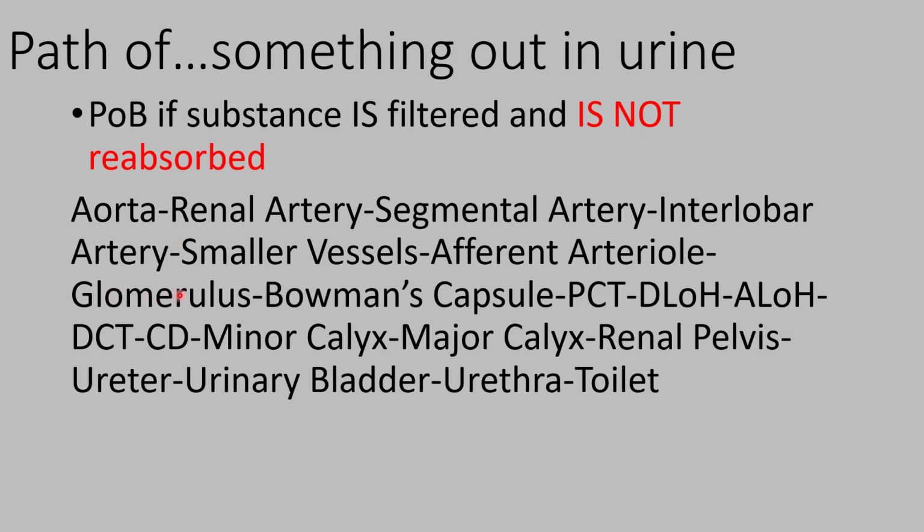It gets filtered. Now it's in the nephron. It goes through the entire nephron. If it did not get reabsorbed, now it gets into the minor calyx and major calyx, eventually to the renal pelvis. It's going to leave the kidney in the ureter, gets to the urinary bladder, travels through the urethra, and ultimately into the toilet.